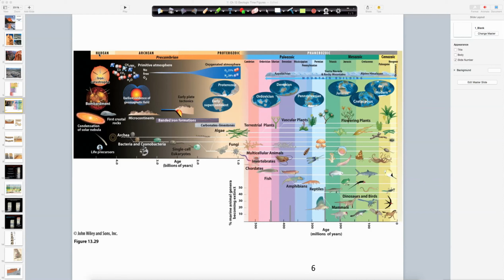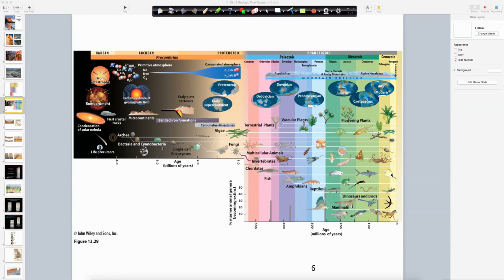It goes from the Hadean, which is when the Earth formed, to the Archean, to the Proterozoic, then into the Phanerozoic: Paleozoic, Mesozoic, and Cenozoic. These are just showing you major events that happened. Here, it shows you what the continents looked like, what mountain belts were forming, early plate tectonics.